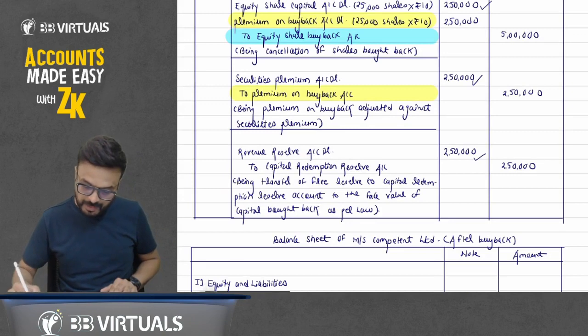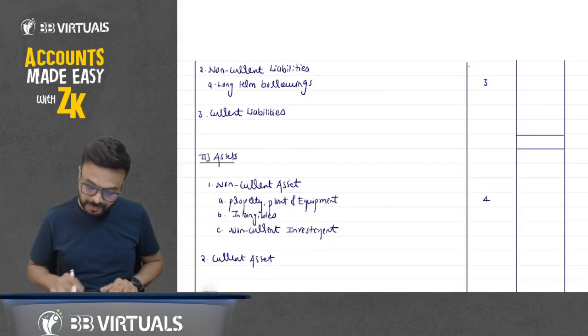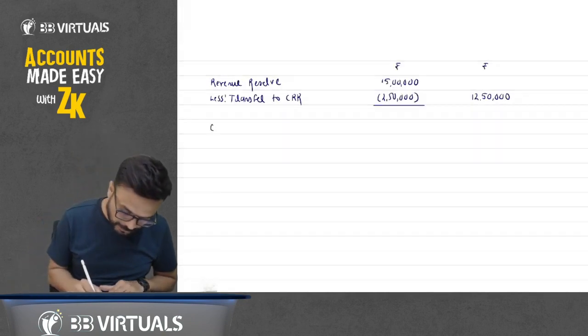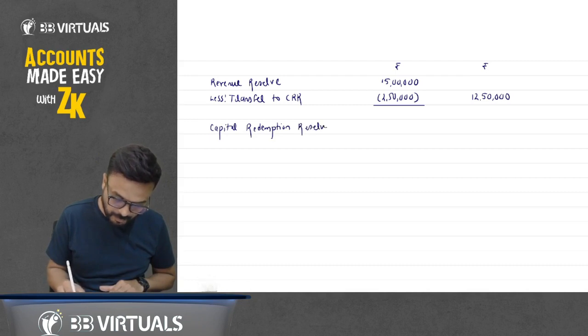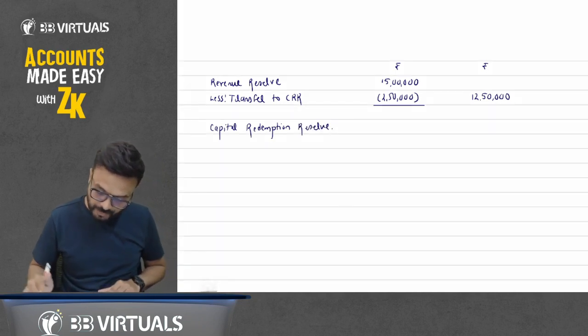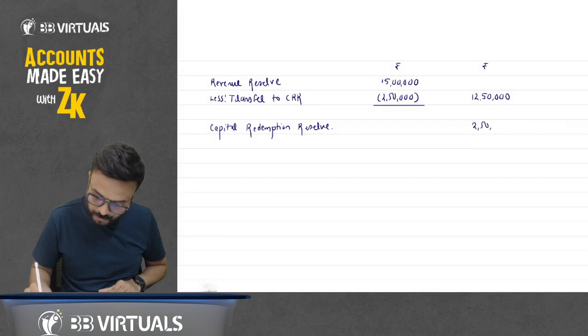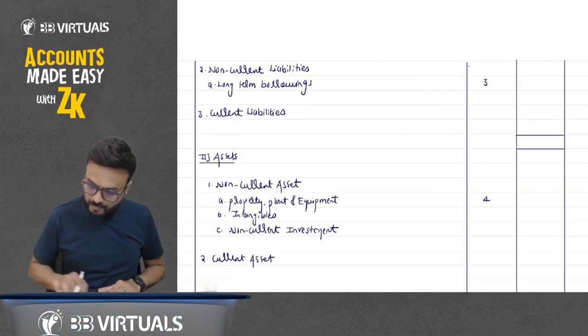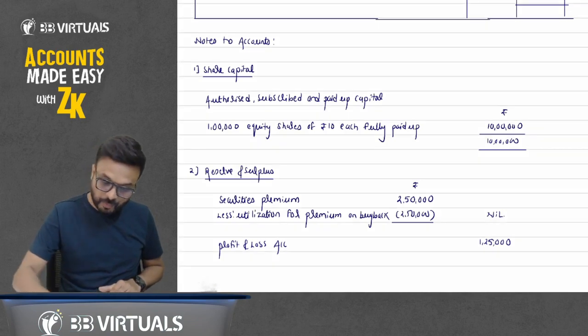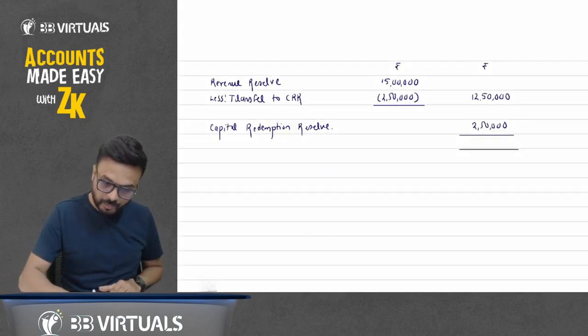One more thing here, when we passed the entry, you created CRR. CRR 2,50,000. So write down here one more, capital redemption reserve, which is how much? 2,50,000. Now do the total of all items of reserve and surplus, which is 1,25,000 plus 12,50,000 plus 2,50,000.